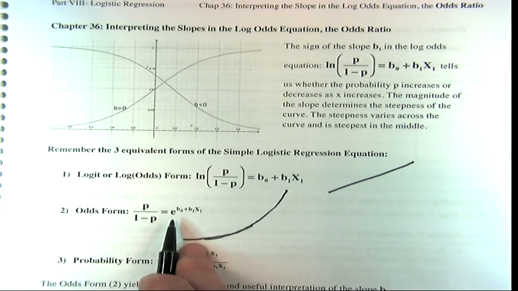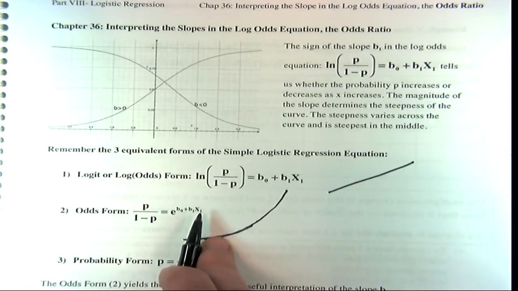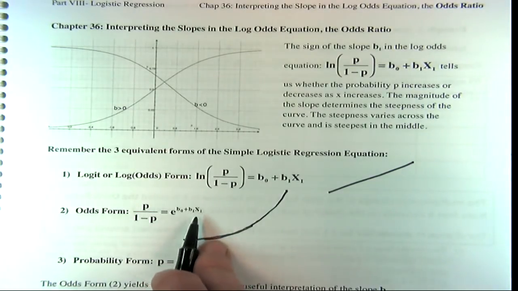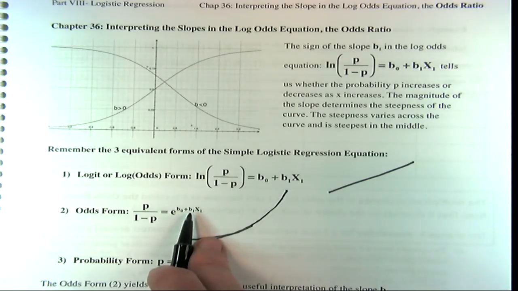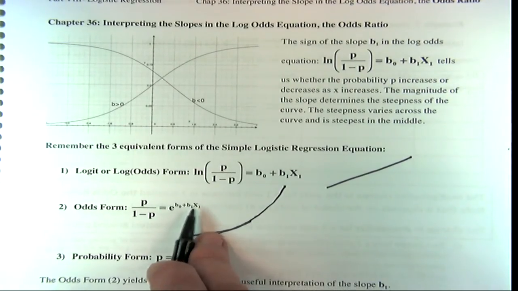And that factor is what? If you increase x by 1, that's adding 1 there, right? It's beta 1 times x. So if you add 1, it's the same as multiplying by e to the beta 1, right?